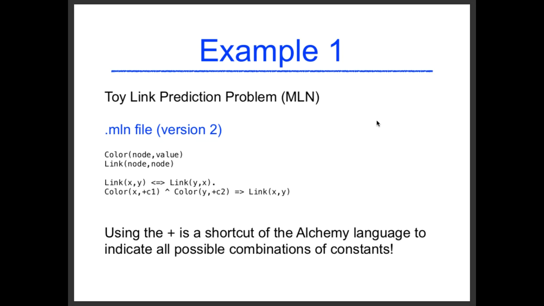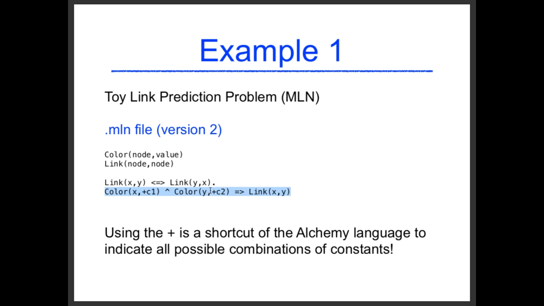You do not have 3 predicates for colors, you have 1 predicate, which is color, and is binary, because it says that the color of a node has a certain value. This is useful to show that there is a shortcut in Alchemy to write just a single rule instead of writing down 1 rule for each possible pair of colors.